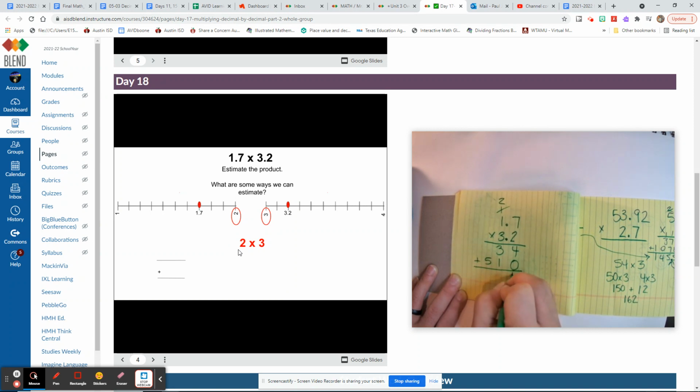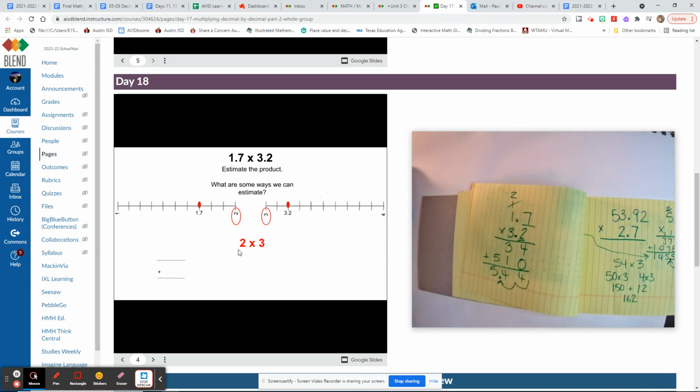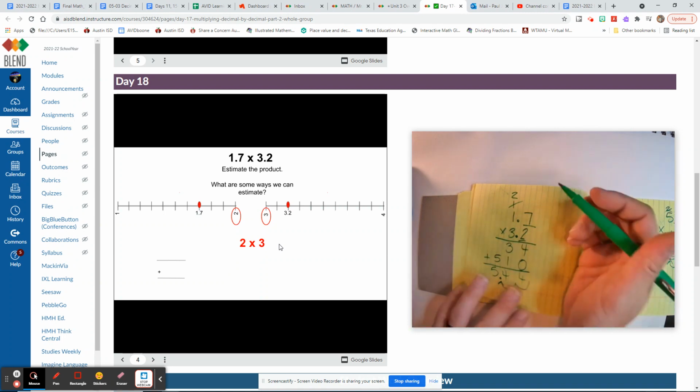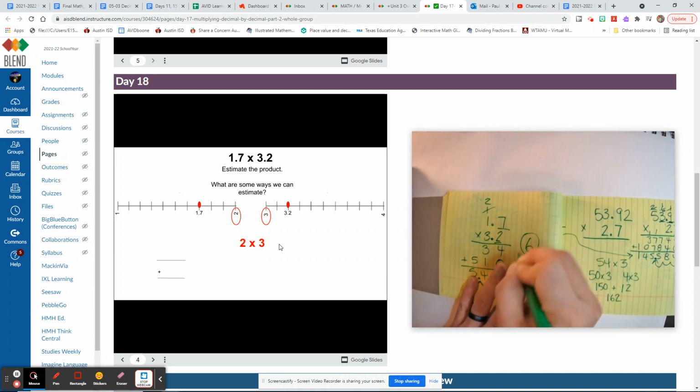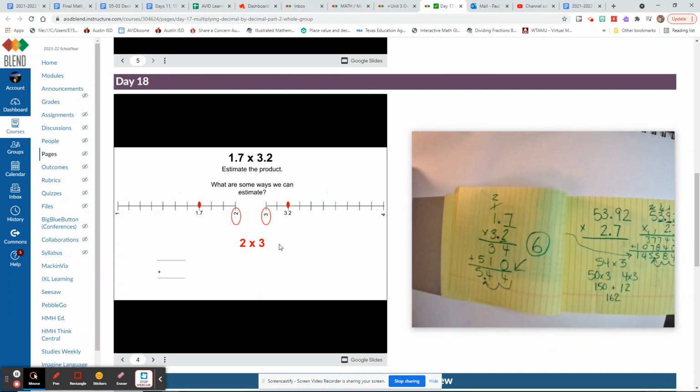And we add that all together. We have 2 decimal places in our problem. We need 2 decimal places in our solution. So our answer should be around 6, we said, with the estimation. It's not even that far off with 5 and 44 hundredths.